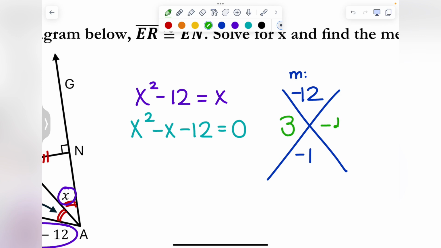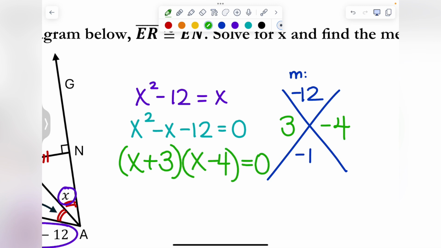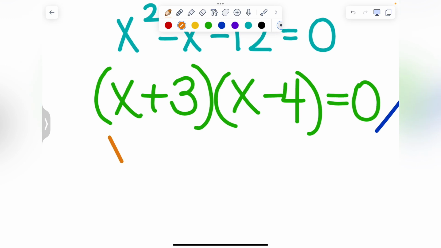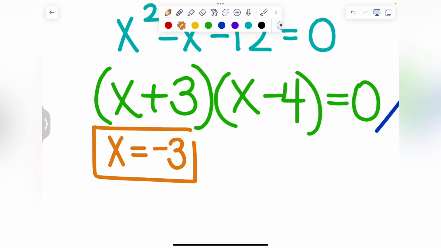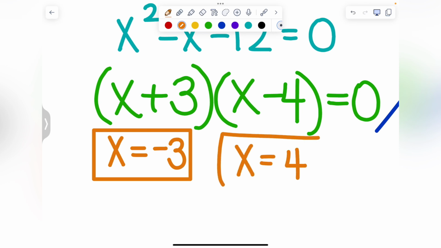The numbers are 3 and negative 4. So (x plus 3)(x minus 4) equals 0. And then I'm going to solve. So I'm going to set each of these parentheses equal to 0, get x by itself. So x is negative 3 and x is positive 4.